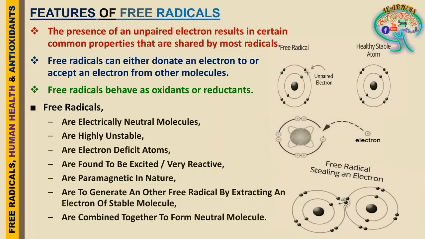Let me discuss some more free radical features. They are electrically neutral molecules, highly unstable, electron deficit atoms or molecules, excited or very reactive, paramagnetic in nature, able to generate another free radical by extracting an electron from a stable molecule, and they can combine together to form a neutral molecule.